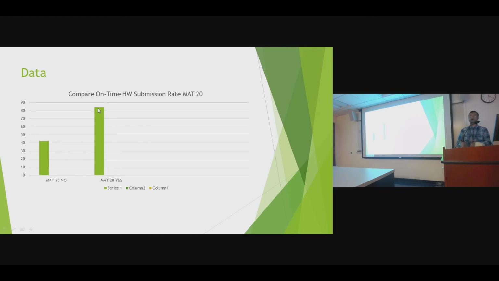Although the on-time homework submission rate increased, I assumed that if the students are doing homework, their grade should increase, but that didn't really happen last semester. It might happen this semester. Maybe the sample size is small, I cannot draw any conclusion, anything can happen. But yeah, I don't see any significant difference in their grading. Okay?